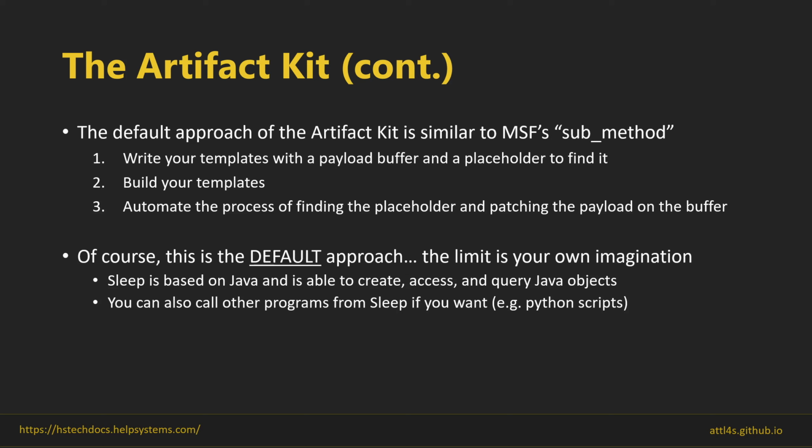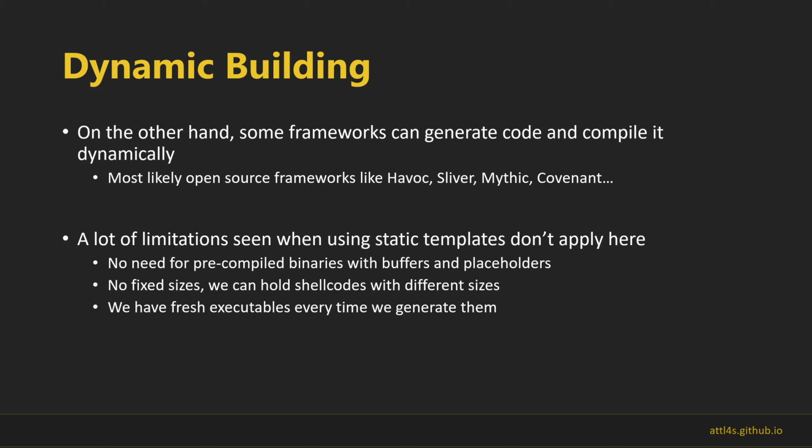So it's like Rex, the Rex library from Metasploit, but with steroids. So yeah, you can do a lot of things with Aggressor and Sleep, and create and customize the templates to avoid signatures and so on.